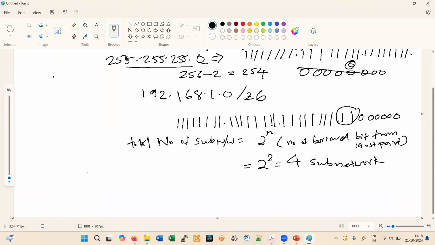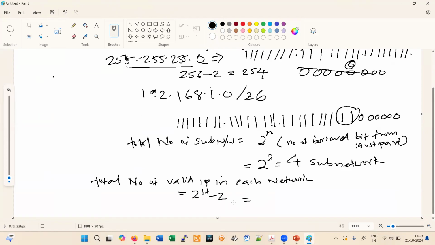To find that, we have a formula, which is 2 raised to h minus 2, where h is the total number of remaining bits in the host portion.